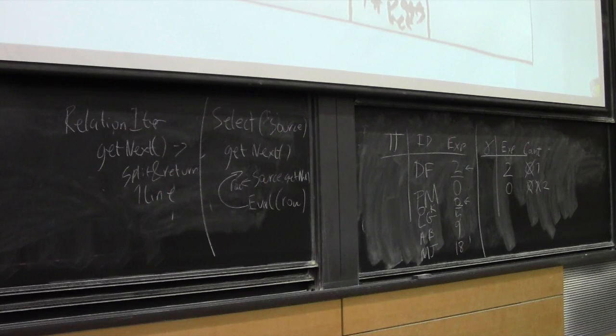What about for a hash index? Could I do anything similar? Bring my hash index up here. So let's say I wanted to find everything between 3 and 8.